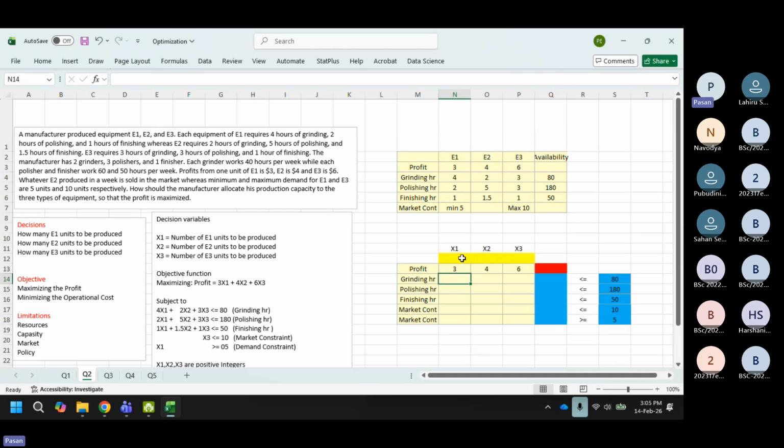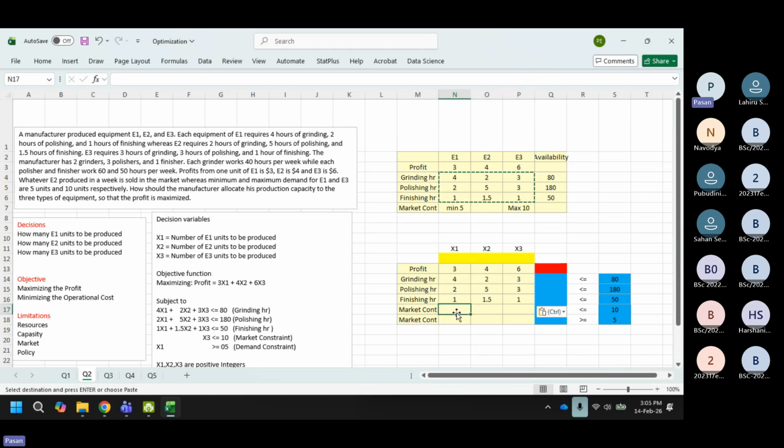The objective cells are where we need to find the values, and then my profit values are there, right? And these are the numbers I need over here.